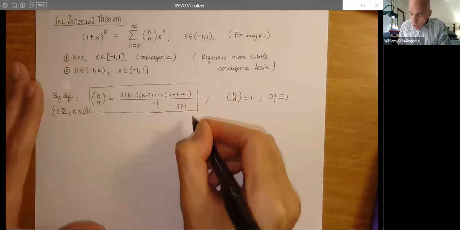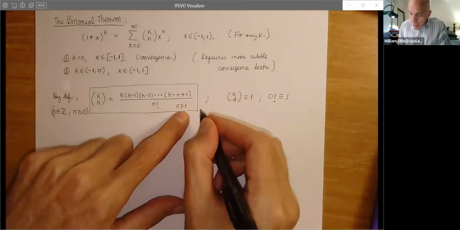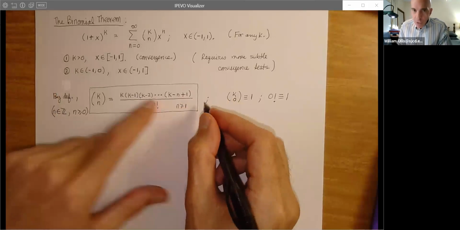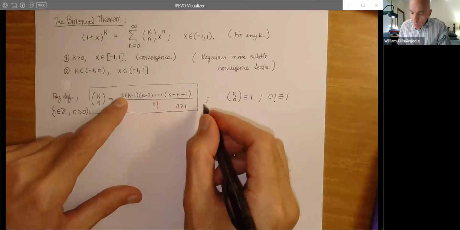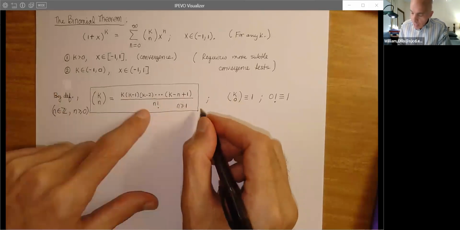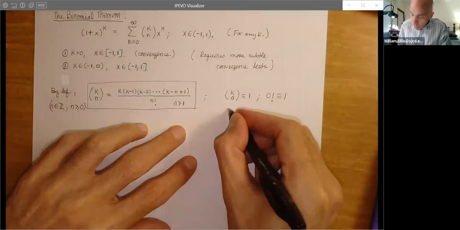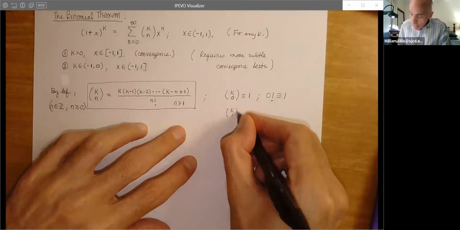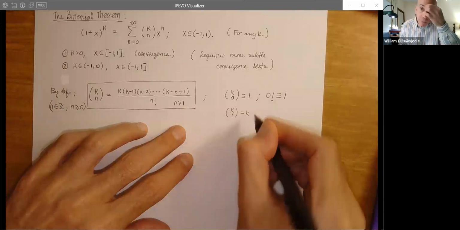So for instance, when we start out with n equal to 1, we just get k, the first factor, and 1 factorial is just 1. So k choose 1 is always k. So here's a little sidebar: k choose 1 is always k, just by definition.